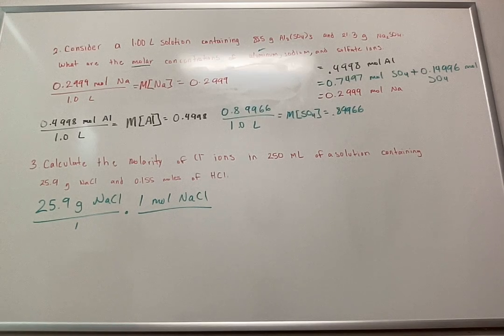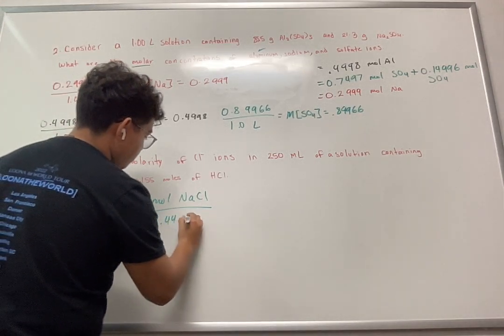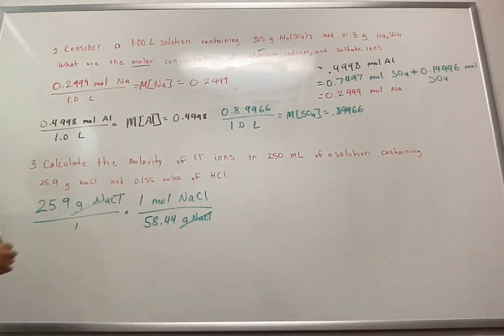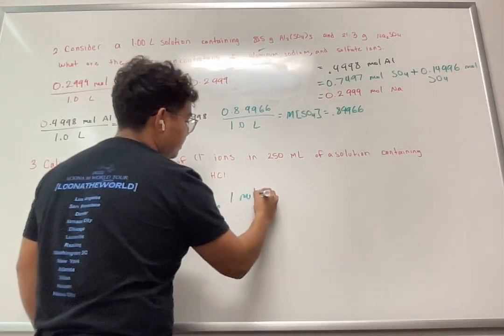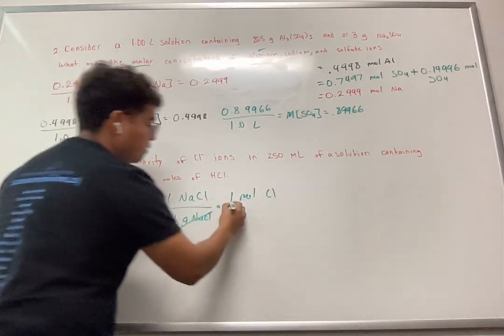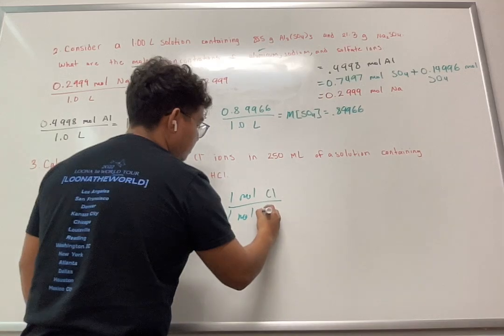So we got 58.44 grams of NaCl. Cancel this out. Cancel that out. So 25.9 over 58.44 times, we're not done yet, the 1 mole of Cl, because remember we only want chlorine, the 1 mole of Cl in the 1 mole of NaCl.